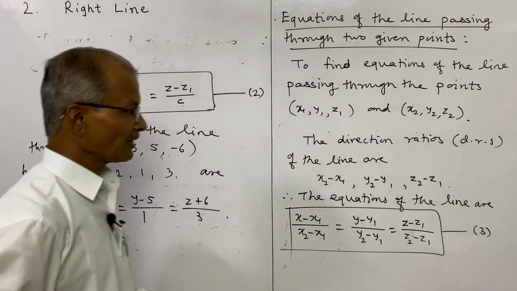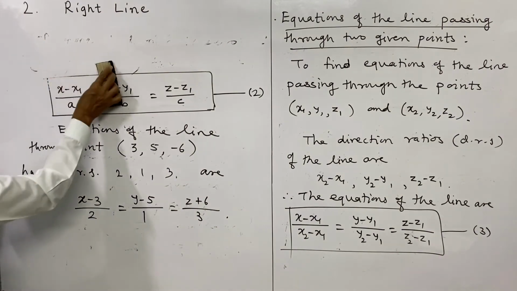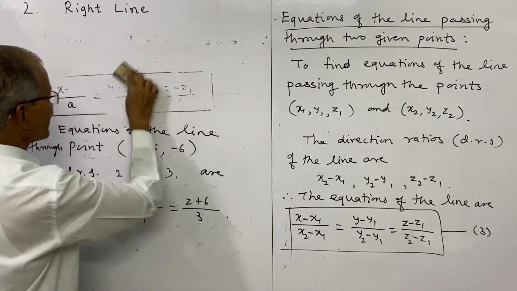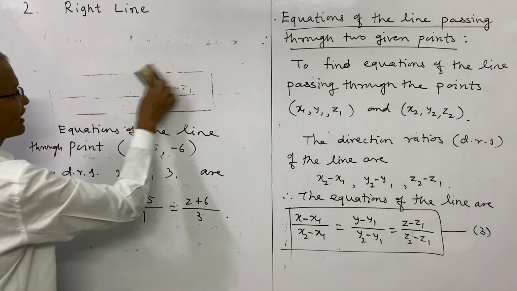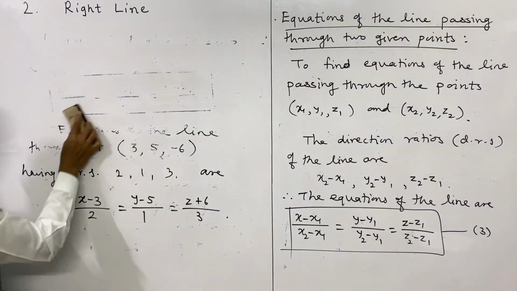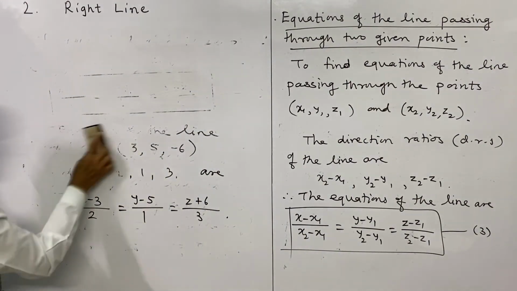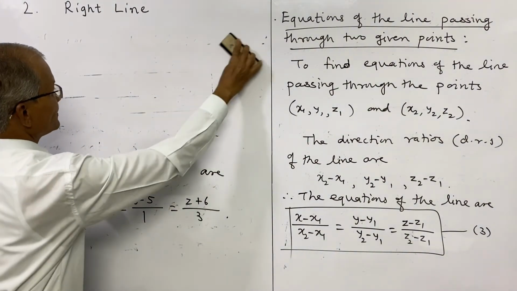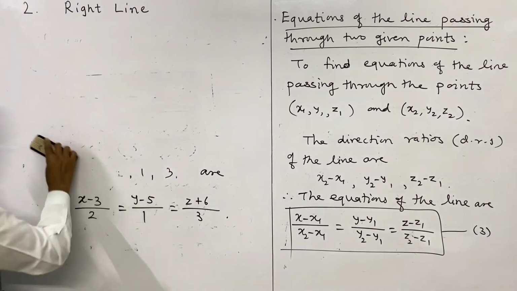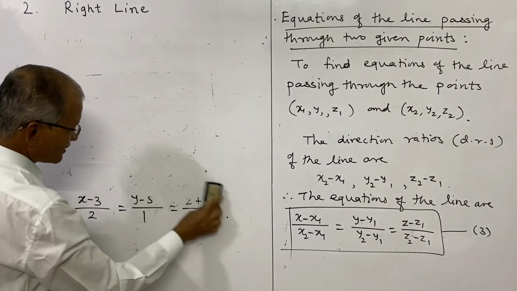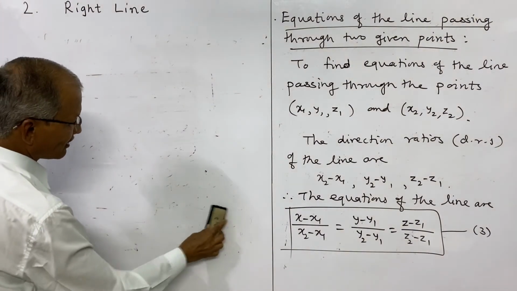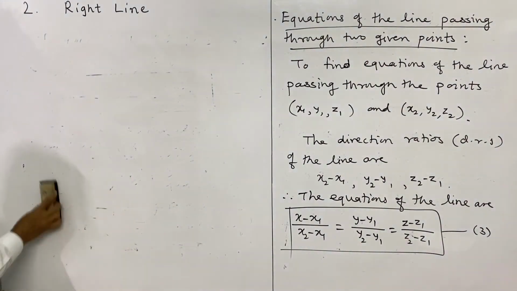So thus first we have seen the unsymmetrical form, which means two planes together represent a line. Next we have seen symmetrical form, the equation of a line passing through a given point and having the given DCS, and the similar result is the equation of a line passing through a point and having the given DRS, that we have seen.